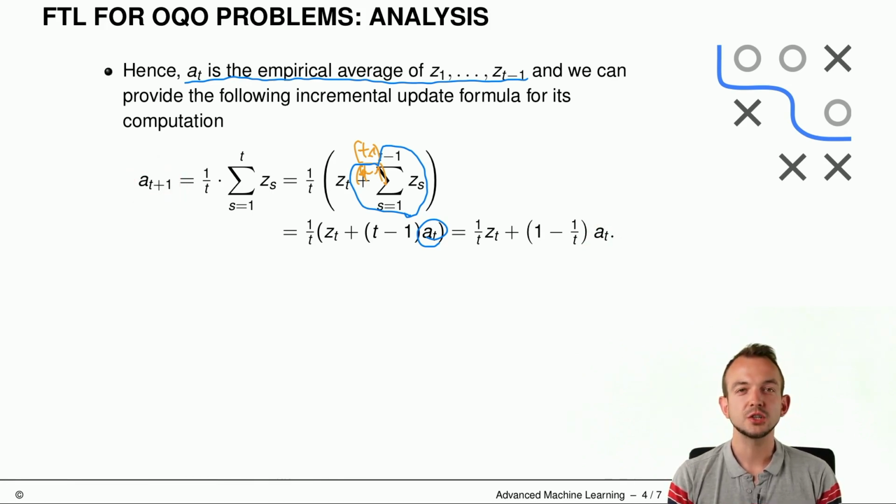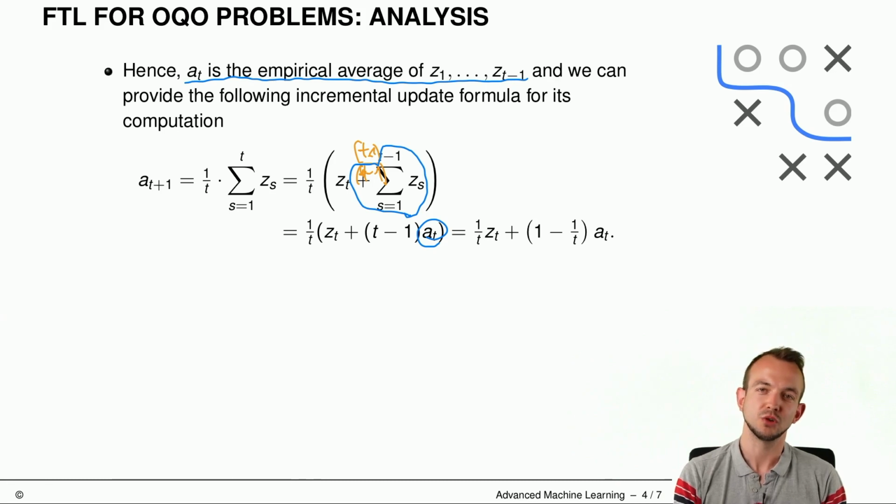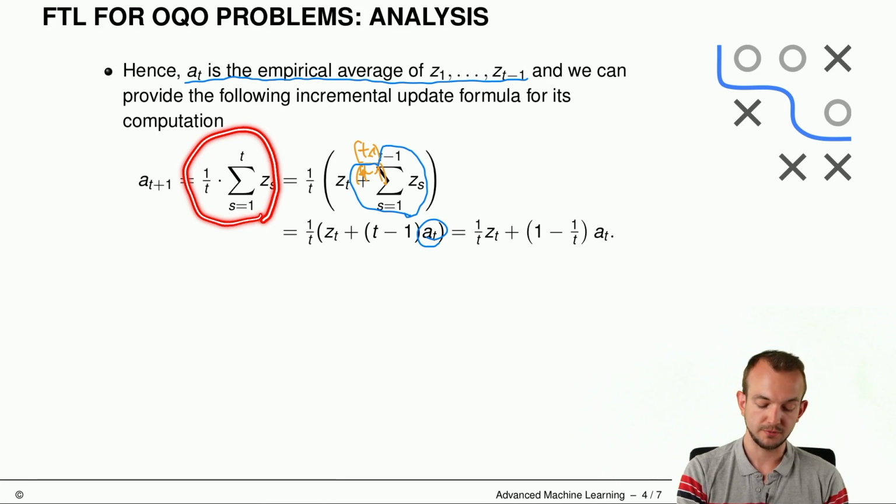update the next action, to specify what the next action will be, is divide the current environmental data point by 1 over t, multiply the previous action with 1 minus 1 over t, and this is giving us the next action, which is again nothing else than the empirical average.